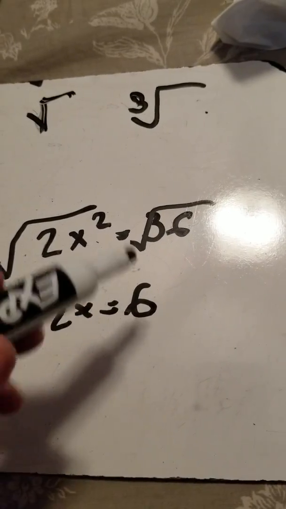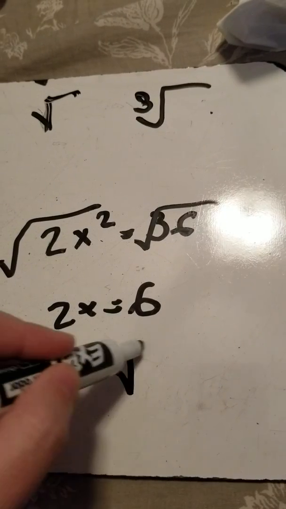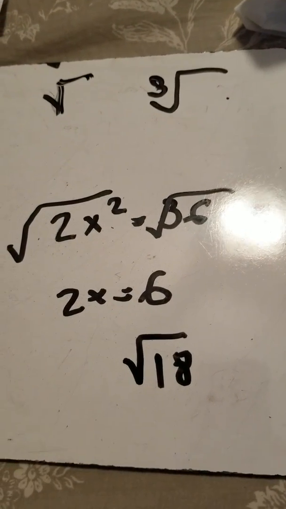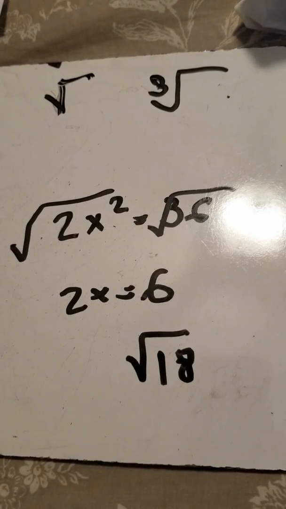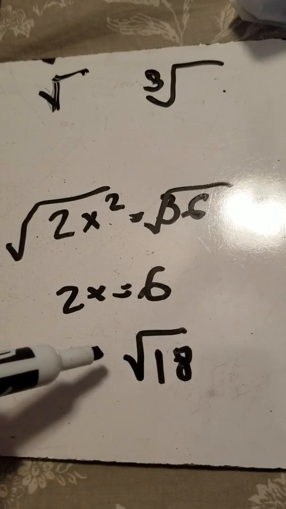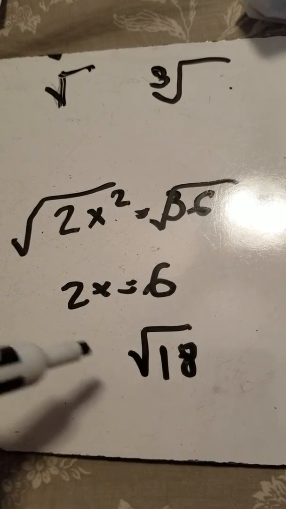So don't get scared if it asks you for the root of 18. It's not a perfect square, and that's okay. We know how to simplify square roots. That's why we taught that to you before. So don't get scared if it does this.